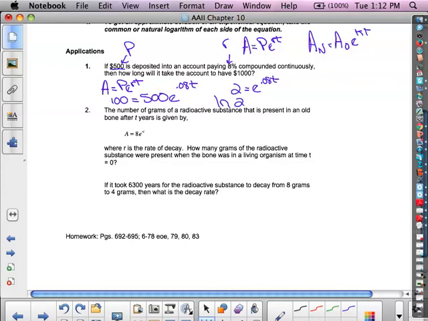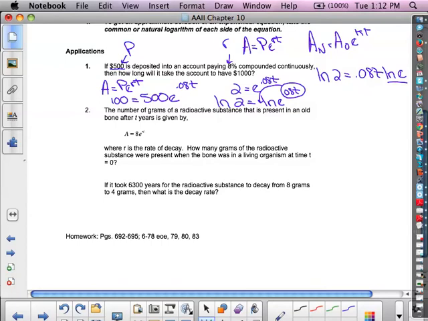So take the natural log of both sides: ln of 2 is equal to ln of e to the 0.08t. All the properties are the same, so I'm going to use the power rule to bring 0.08t down in front. So I have ln of 2 is equal to 0.08t ln e. Now, ln e is like asking e raised to what power gives you e?